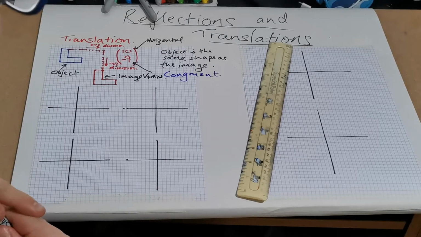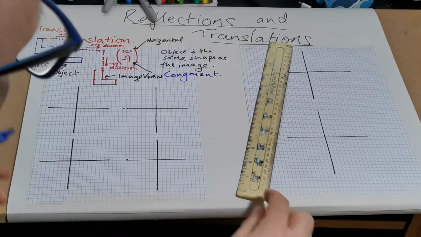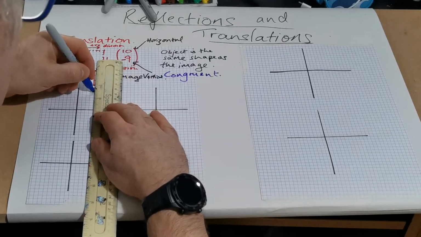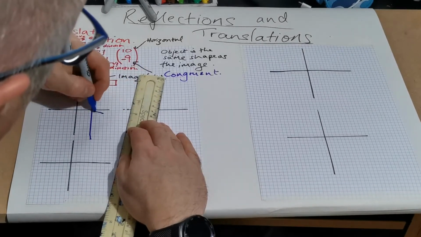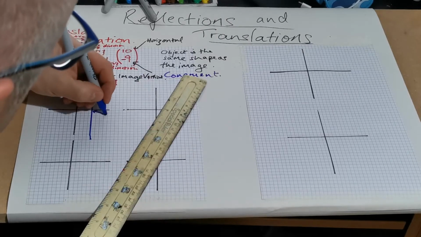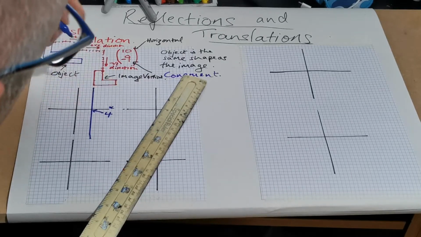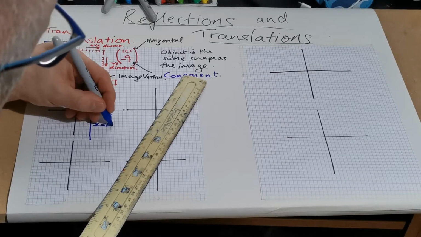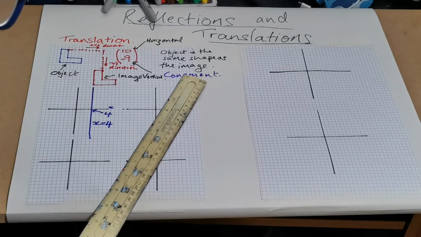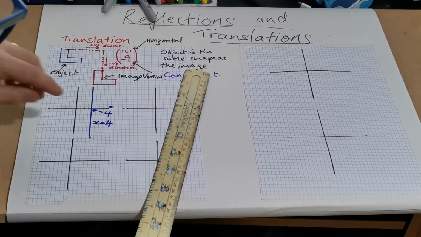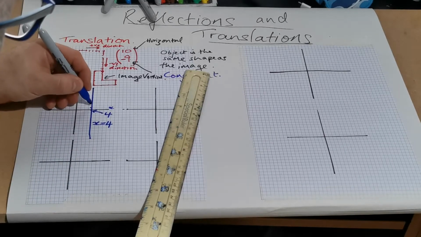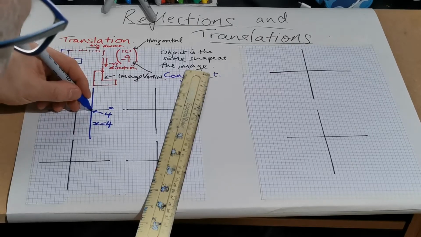Now before we go on to reflections, I want to just talk about some straight lines. Now if I drew a line here that went through the x-axis at 4, I'm going to call that line x equals 4. And it makes sense why it's called x equals 4, because this point here is 4, 0.